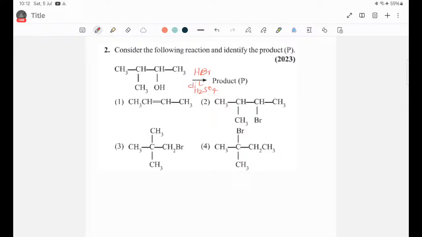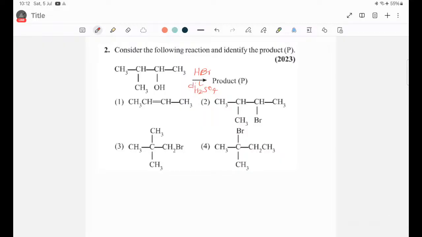Try to attempt this and give the answer in the chat section. I want to know the answer.